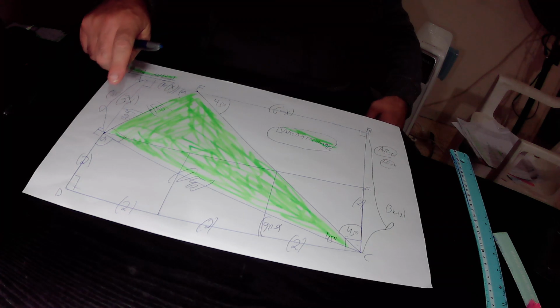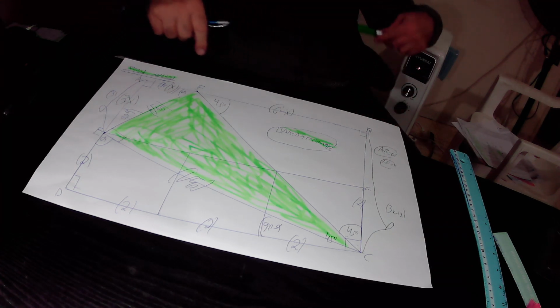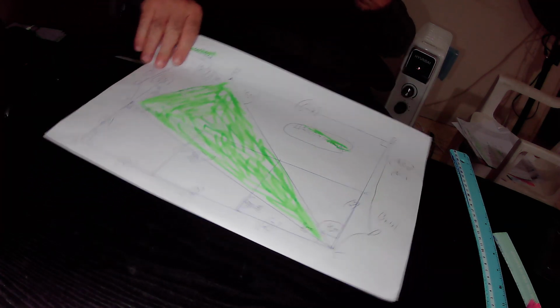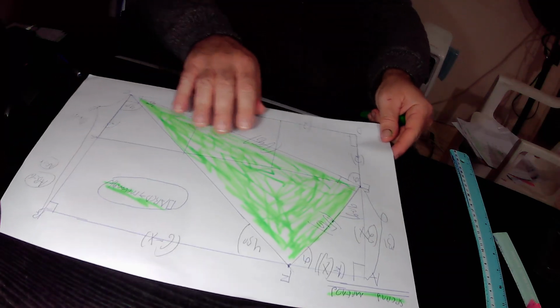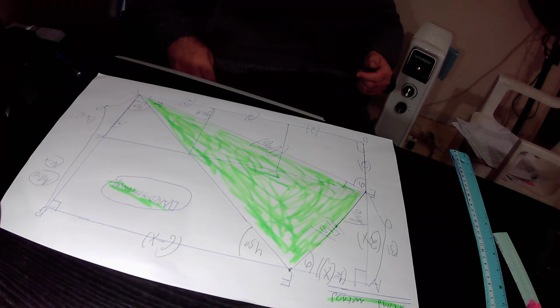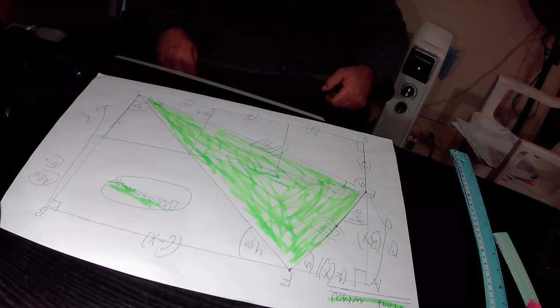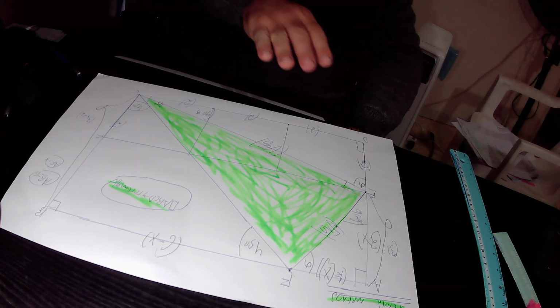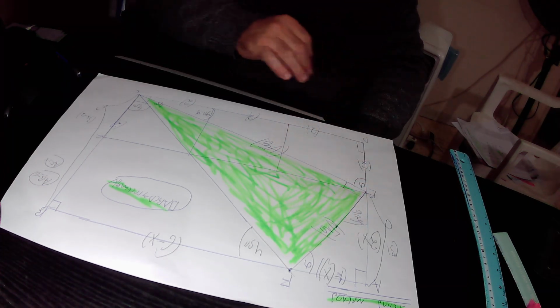AD is one side of rectangle ABCD, therefore it is absolutely a straight line. So if we focus on the right side of the straight line AD at point E, the sum of the angles must be equal to 180 degrees according to rule 3. Rule 3 says that the sum of the angles on one side of a straight line is equal to 180 degrees. Which angles do we have at the right side of the straight line AD at point E?